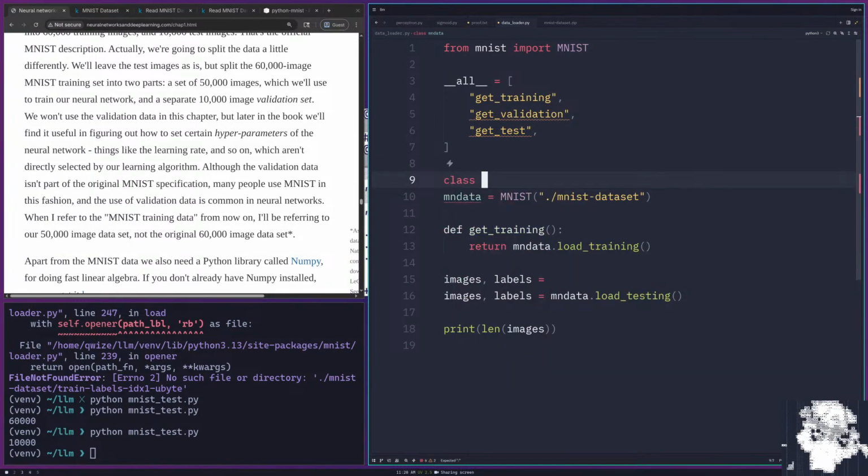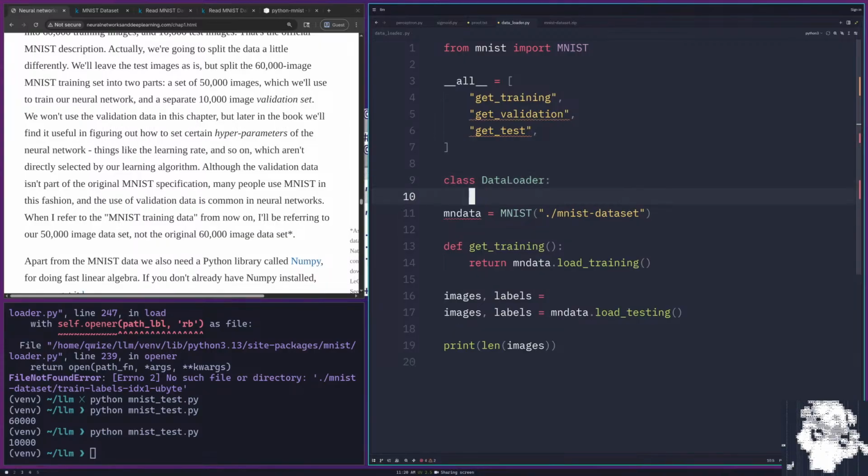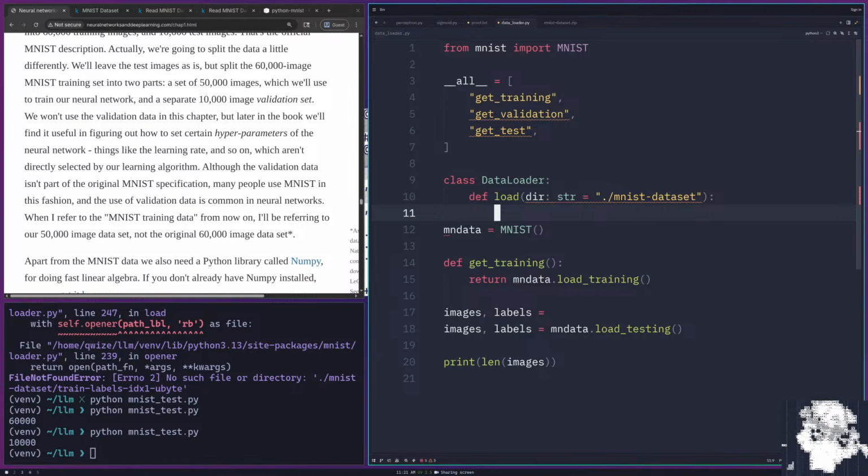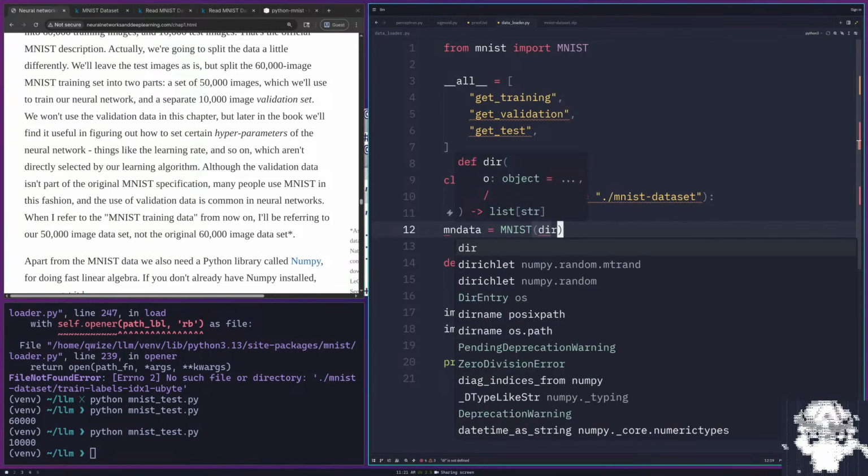Class data loader, load dir string, which defaults to being this. Just does this.